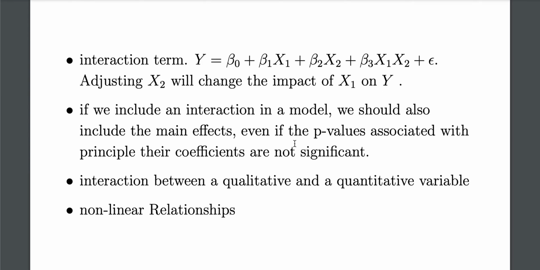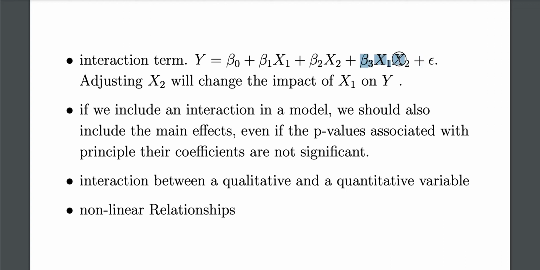The next item is interaction terms. Here we have the 2 predictors, x1 and x2, and then here we are adding the interaction term. What the interaction term is doing is adjusting the way any variable is associated with the other variable depending on the second variable.